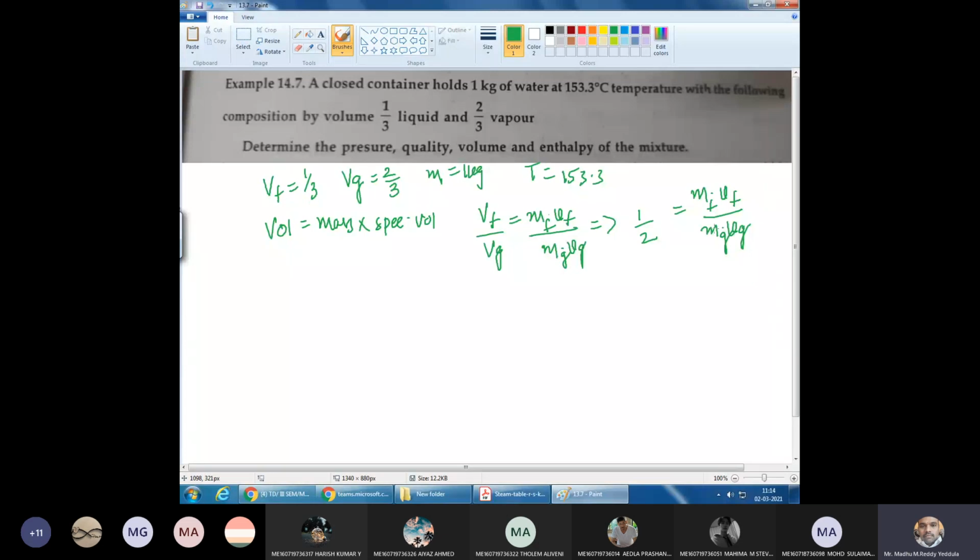How to find out specific volume? Tell me which table you will refer to, corresponding to which property. What is the temperature given?